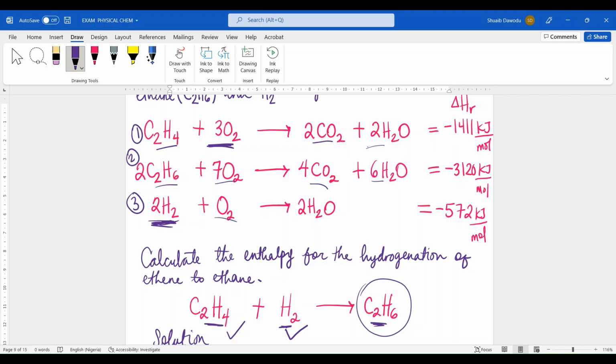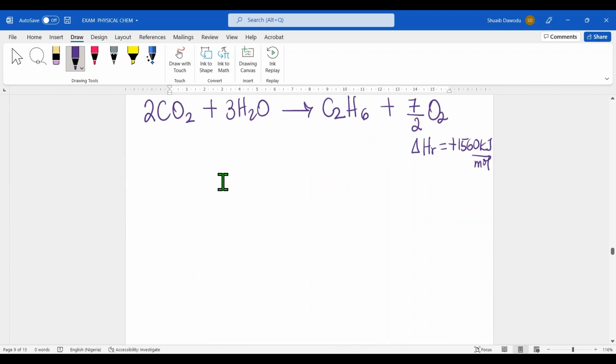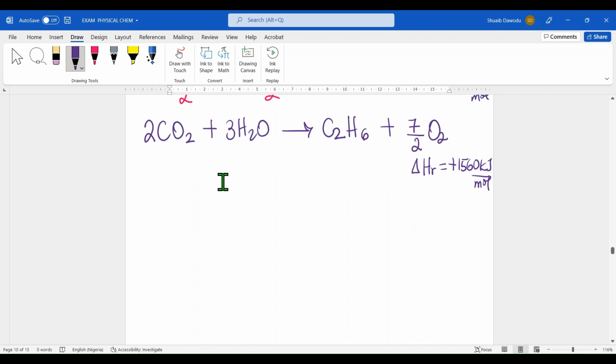So don't bother yourself. Just focus on C2H4, C2H6, and H2. Focus on the major molecule, not necessarily the one that has more than one molecule at a time and that can either be cancelled out, added up or subtracted off. Do more problems and you'll see what I'm saying.